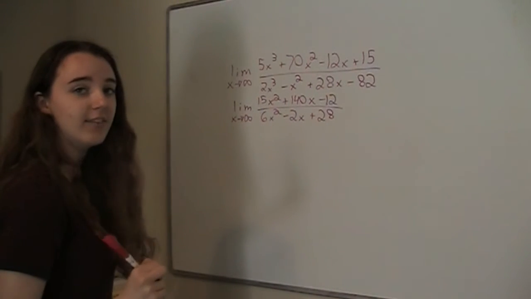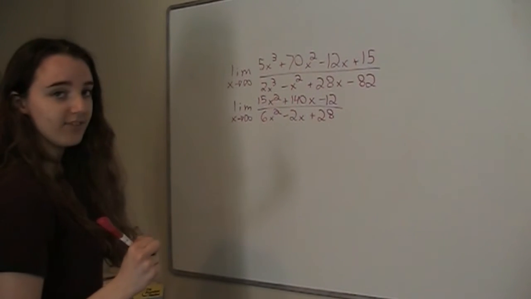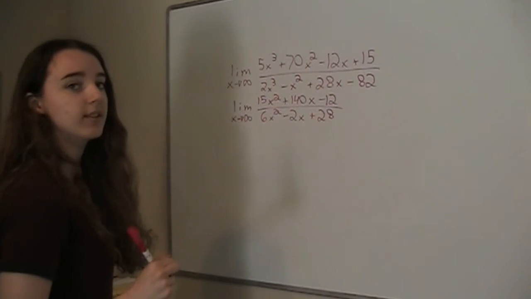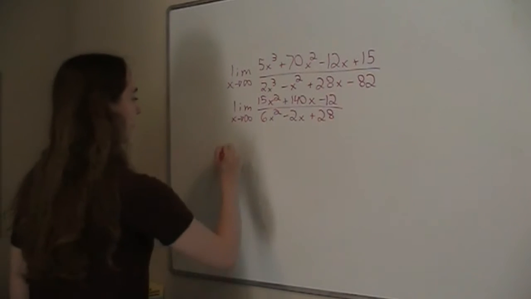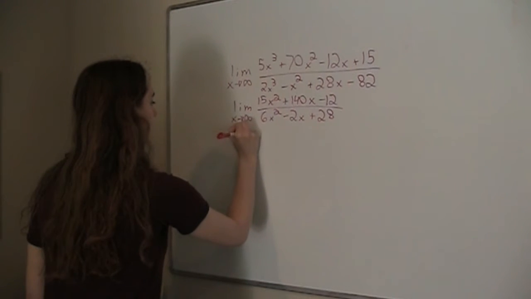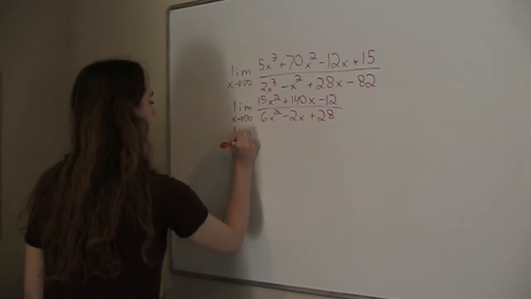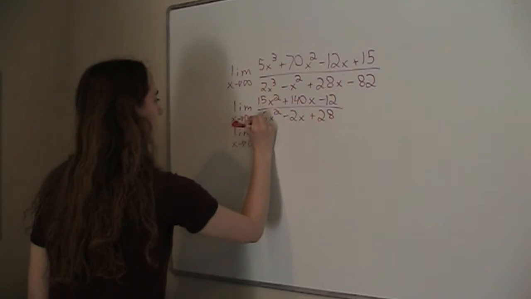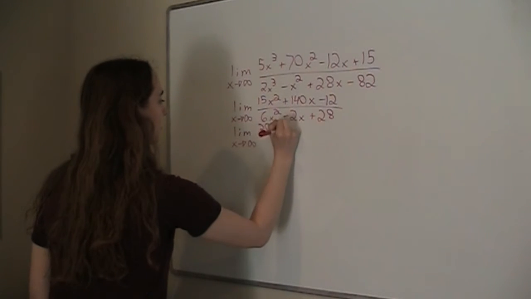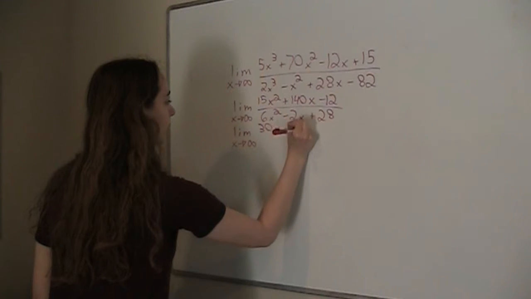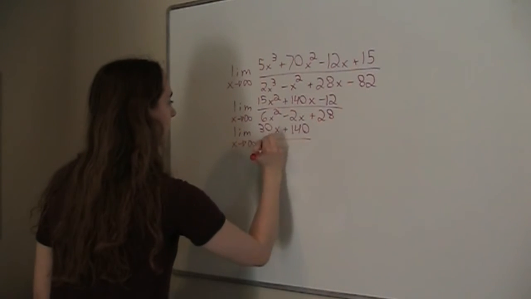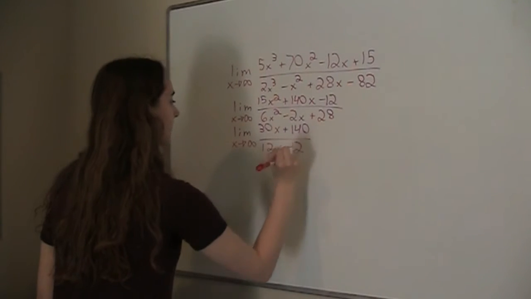If I plug in infinity for x, I still get infinity over infinity. So I need to take the derivative of the top and put it over the derivative of the bottom. The limit as x approaches infinity of 30x plus 140 over 12x minus 2.